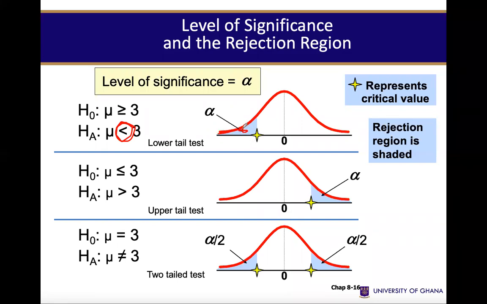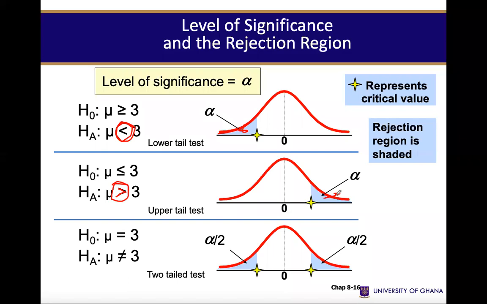Again, we will have more examples to explain what we are saying. Then we have the upper tail test. The upper tail test has the alternate hypothesis defined by a greater than sign, and that tells you that the rejection region falls to the right of the standard normal distribution curve.